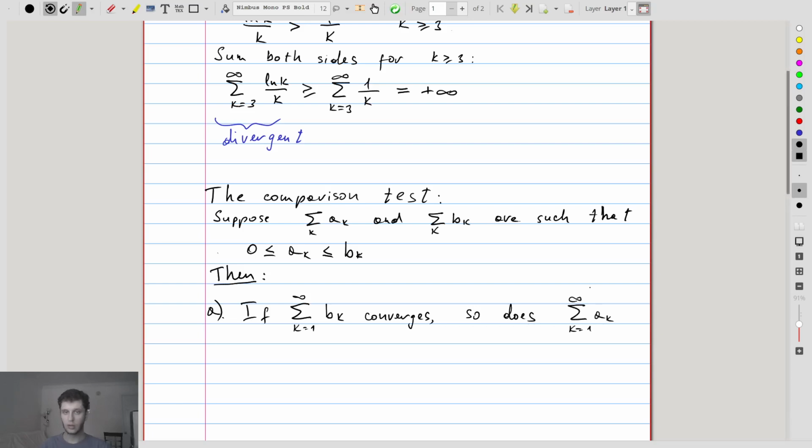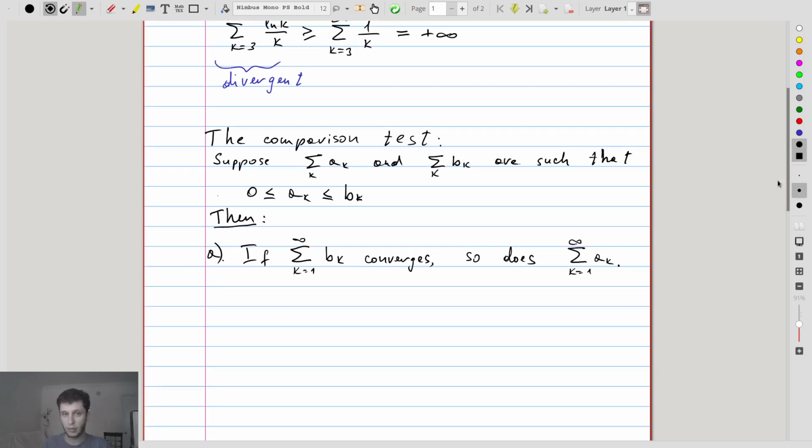Because the only way for a series with no negative terms to diverge is to diverge to plus infinity, and the fact that the infinite sum of b_k's is finite means that the infinite sum of a_k's is also finite. It's bounded above by the sum of b_k's, and then we have a sum with no negative terms bounded above, therefore it must converge, again by the theorem for monotonic bounded sequences. You just need to apply this theorem to the sequence of partial sums of a_k.